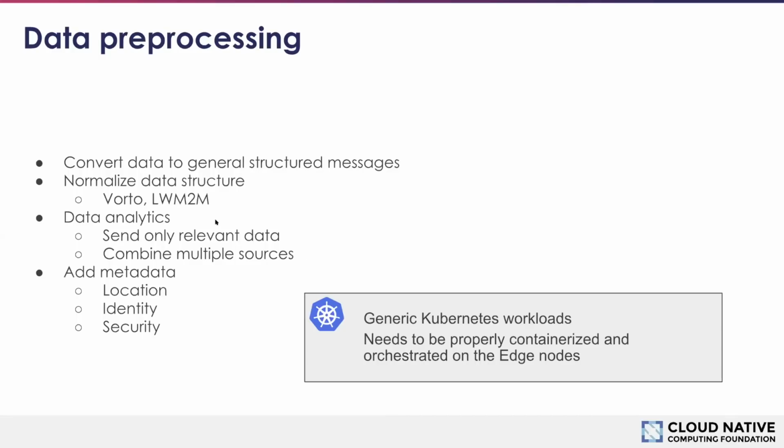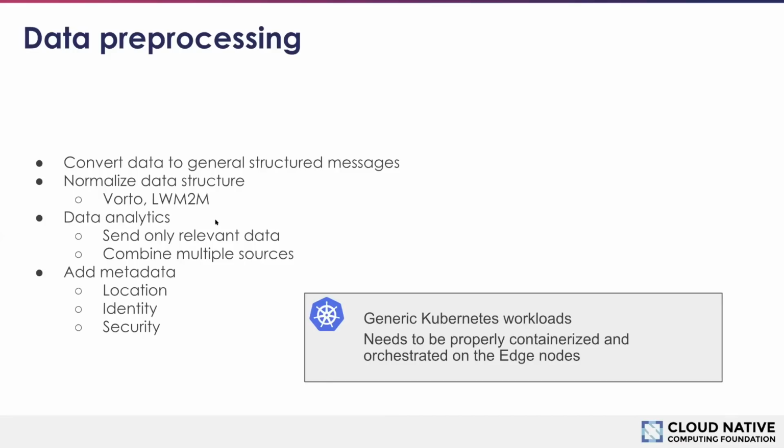So once we have this data in an appropriate format that we can use for processing, we can do some more pre-processing of the data on the edge as well. And there are two reasons why you would want to do that, or even more.